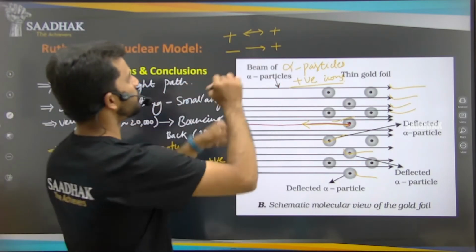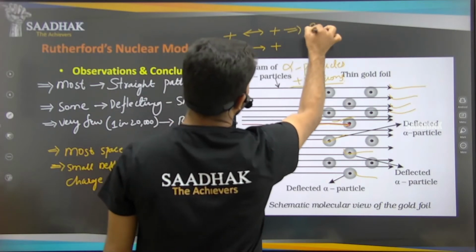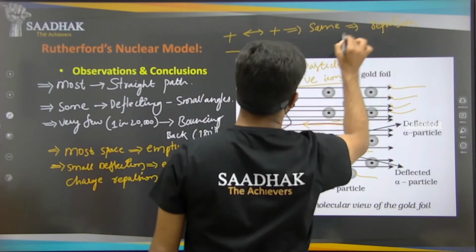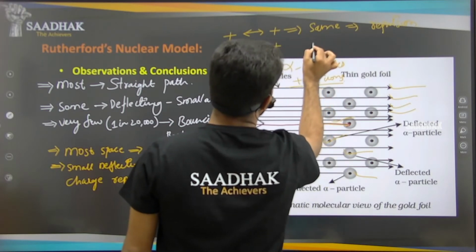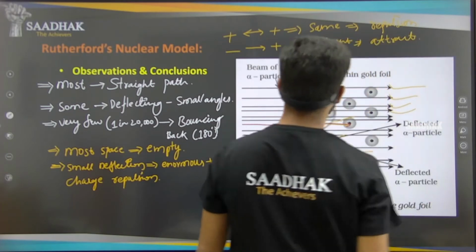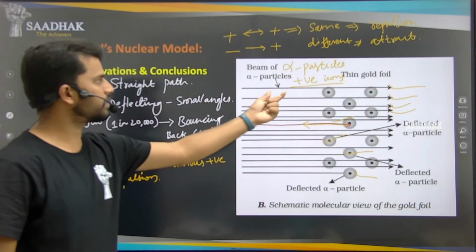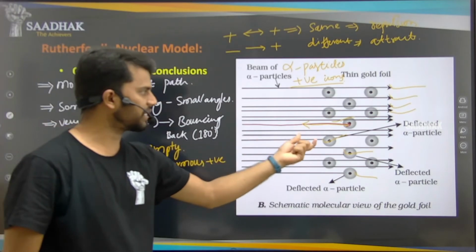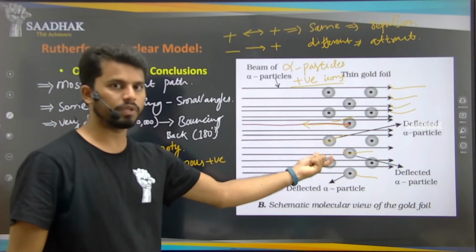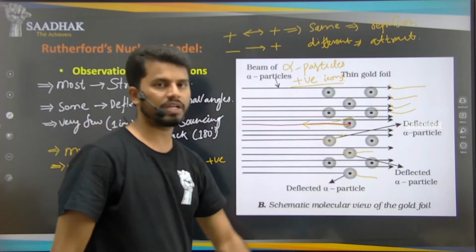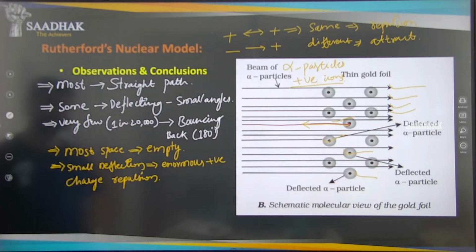Means same charges repel, right? Repulsion occurs, and different charges attract. So he's saying that as the alpha particles are positive, whatever positive charge is present in that atom, because of that repulsion, there is a small deflection in the alpha particles, right?